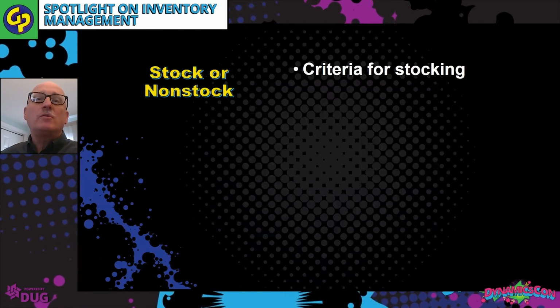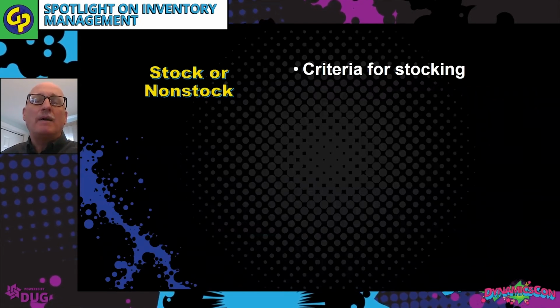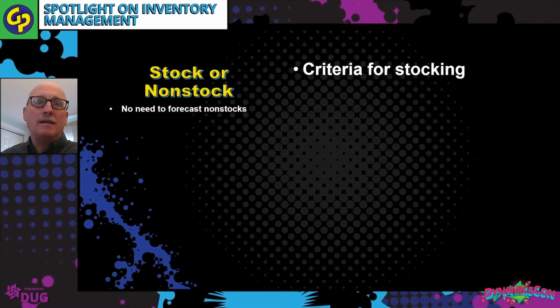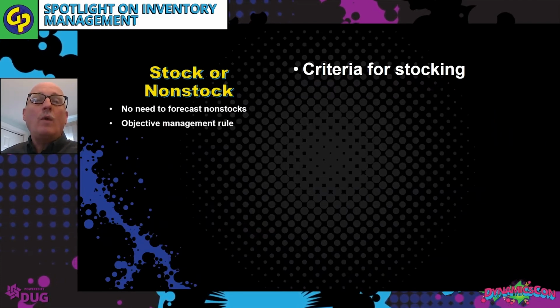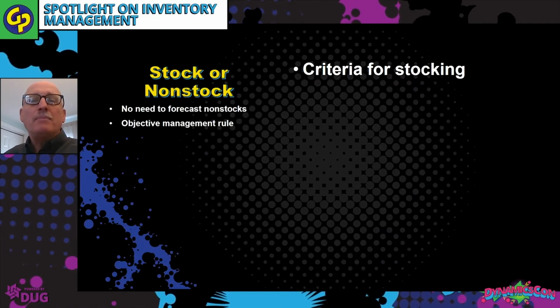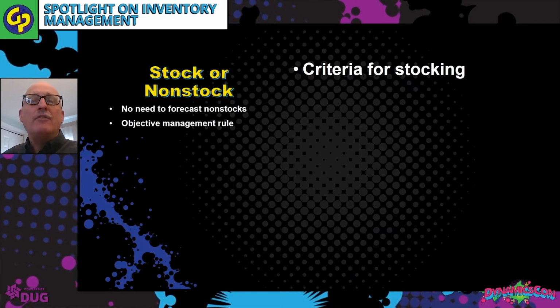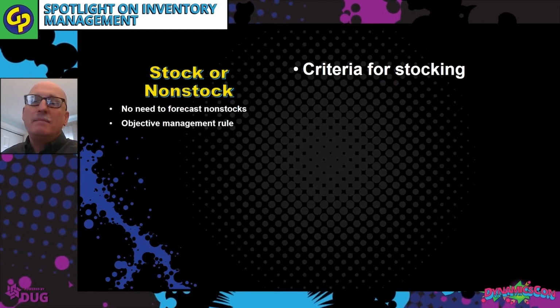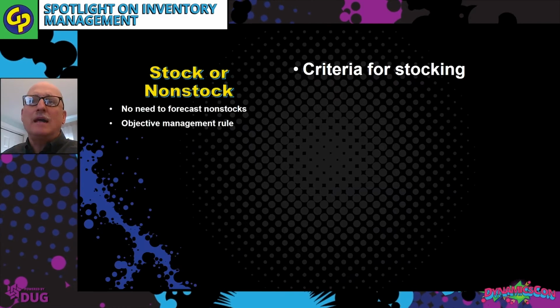So the resources can be better utilized by making sure that you've got good definition of what's stock and what's non-stock. So a way to do that is to have an objective management rule, something that everybody can use to say, if it meets this criteria, we should stock it. And if it doesn't meet this criteria, then we shouldn't stock it.